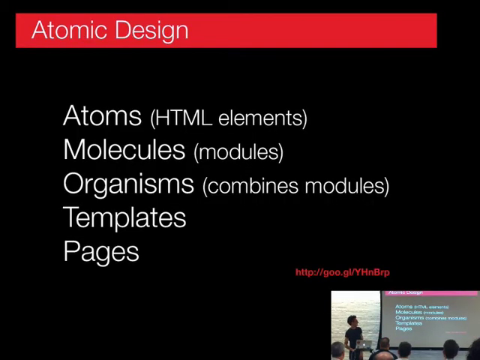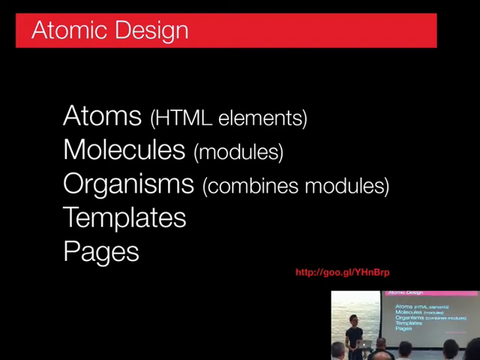The other methodology is atomic design, and you'll see some overlapping pieces of these two. Atomic design is made up of five pieces, which are atoms, molecules, organisms, templates, and pages. It was created by Brad Frost, who's one of my favorite people to follow online.